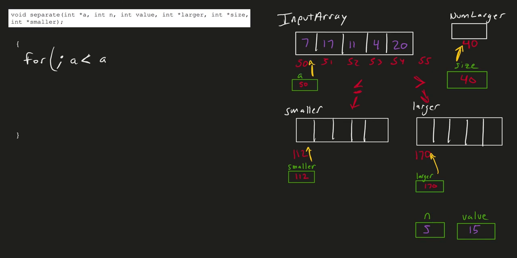So I was tempted to write, all right, a plus n, and that gets us the 55, but be careful. We're going to use this a variable to increment through that array. So it's going to be changing, and therefore this end condition would be changing as well. No, I always want this to be a 55. So how about I create a variable and just have it store that out of bounds address here.